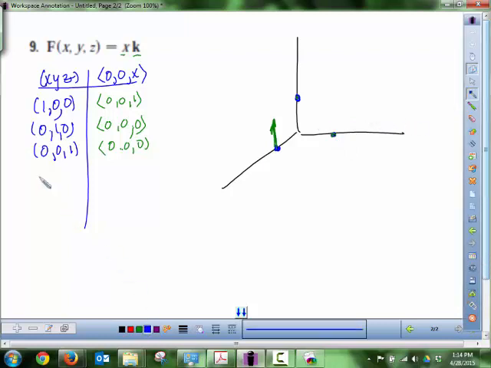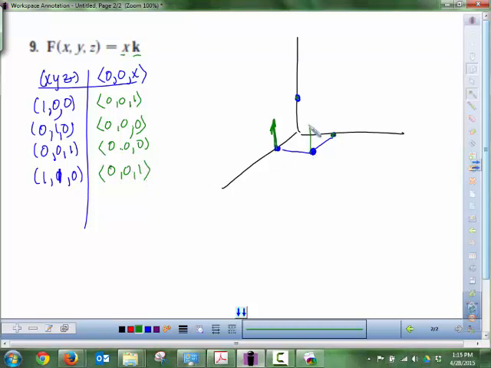If I have another point 1, 1, 0, I'd be over here somewhere. And my vector for that is going to be 0, 0, 1, so it'll be going up. Okay.